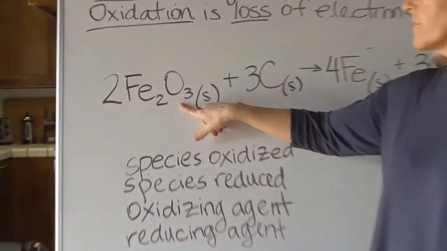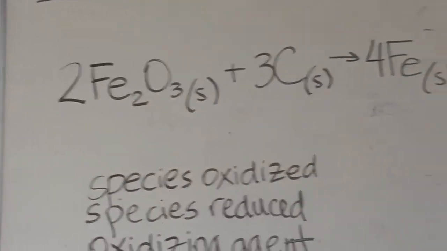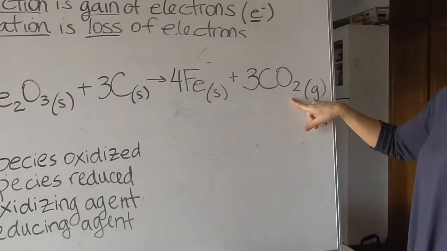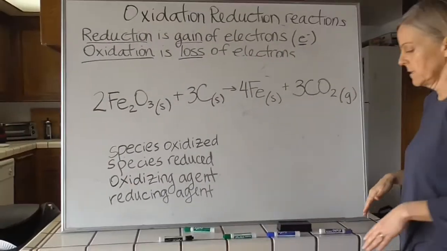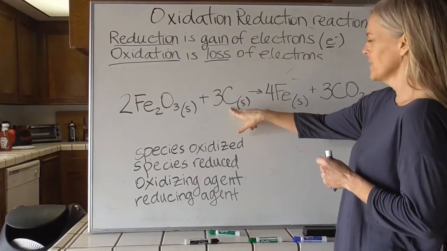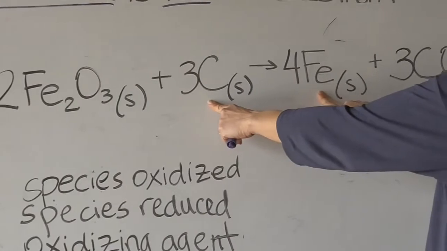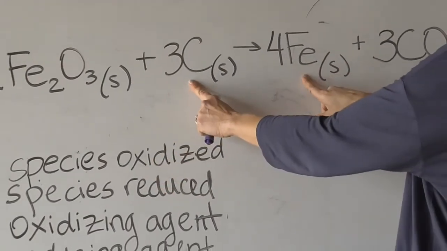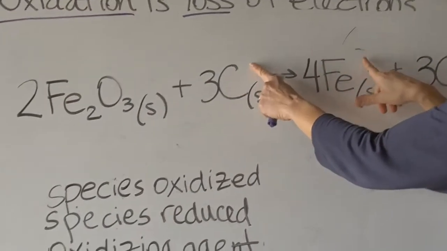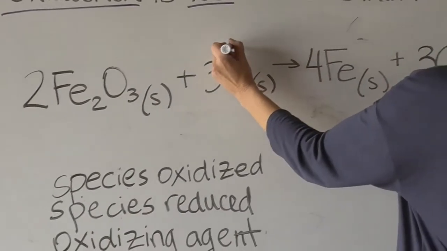So we have a little more to figure out this time because there's more combinations of elements that are together. So the two easy ones are the carbon and the iron. These are just by themselves. So if it's just by themselves, no charge written, oxidation number 0.